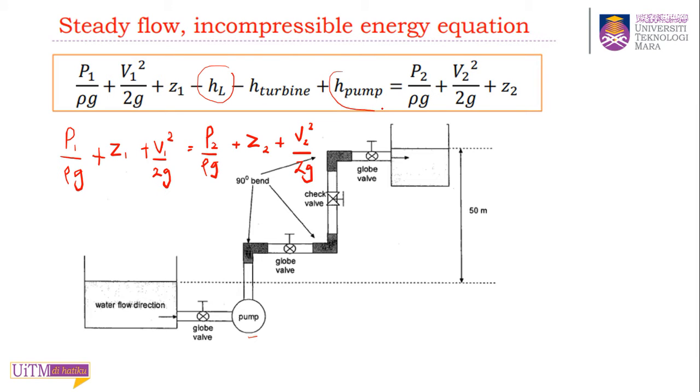We add the pump to aid the flow, and sometimes you may also add a turbine to rotate. In the piping network, sometimes the operator wants to have a turbine as well, so the flow will rotate the turbine.